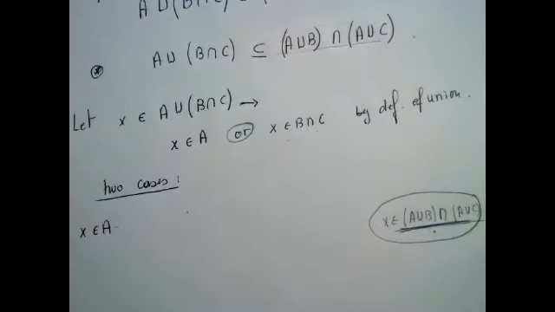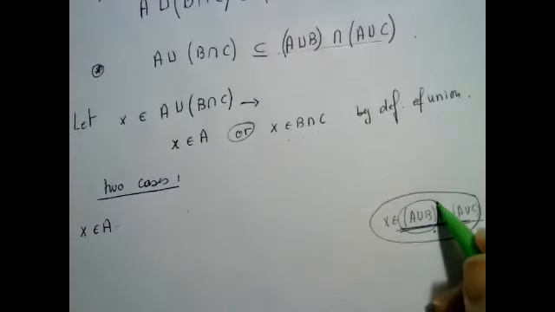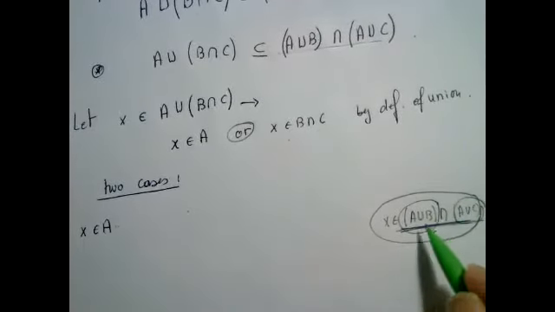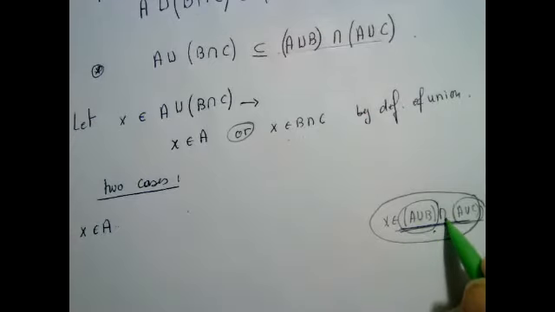Watch carefully where we're heading. I want you to convince me that it's in A union B intersect A union C. You have to convince me it's in here and in here because there's an intersection. Okay, who would like to lead?